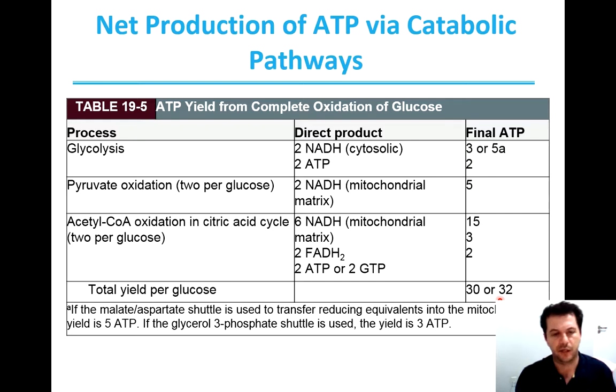Remember that intermediates of glycolysis and the TCA cycle can leave the mitochondria to be used for the synthesis of amino acids, fatty acids, and so on. So this is the maximum capacity of respiration to produce ATP based on one molecule of glucose. But it's never always like that, because intermediates are consumed by other pathways.